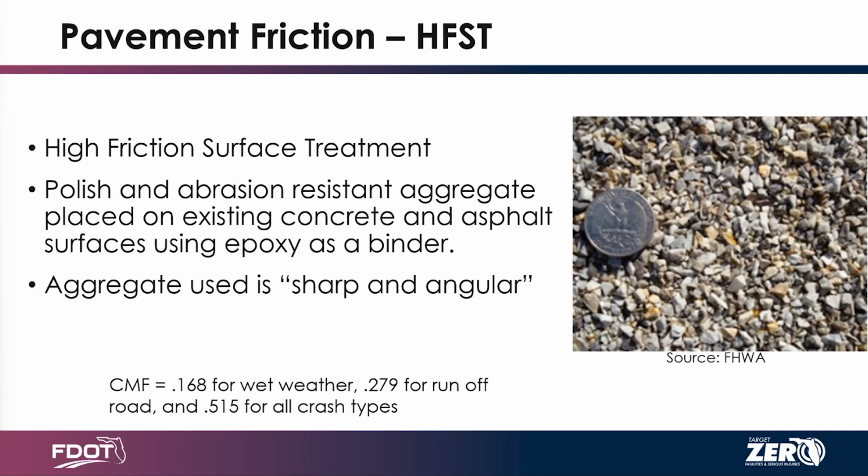This really provides a sharp and angular top layer to your surface, which helps to keep vehicles on the road, especially during wet pavement conditions. It provides almost an 80% reduction for crashes during wet weather, and for run-off-road crashes, you're looking at about 70% crash reduction, and overall a 50% reduction for all crash types.